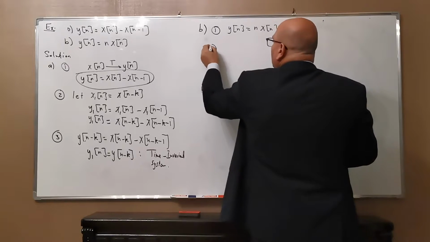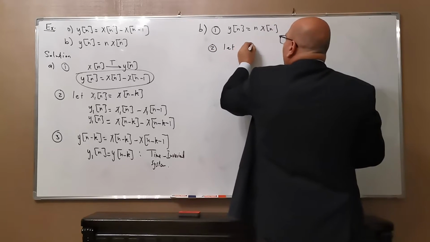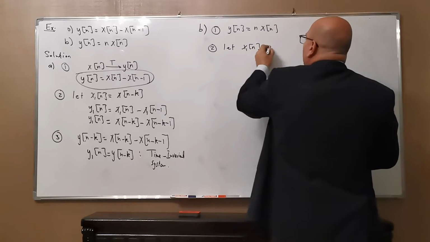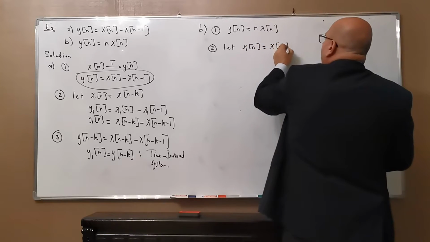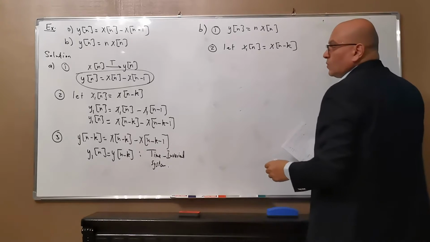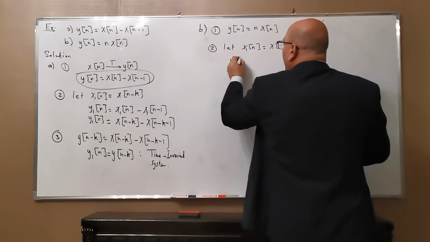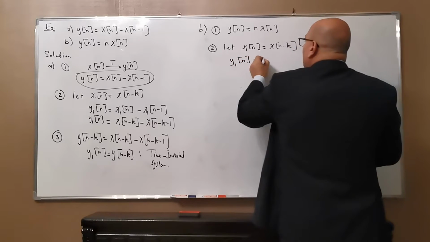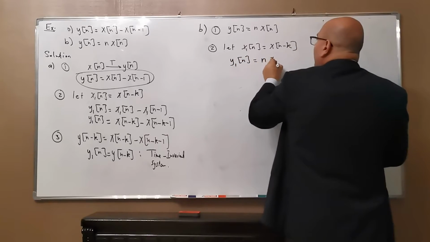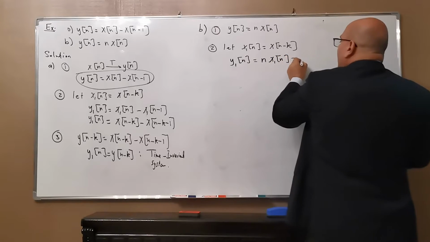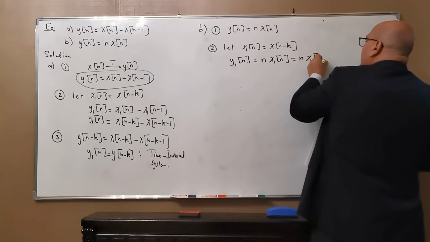Step number 2, we let x1 of n equal x of n minus k, and apply x1 to the system. So you have y1 of n equals n x1 of n, which is equal to n x of n minus k.